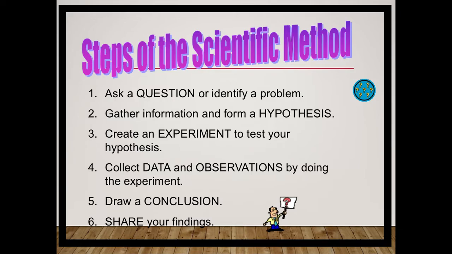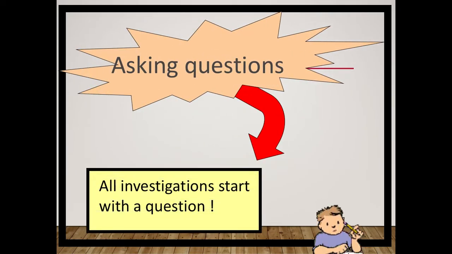Remember, a hypothesis is a prediction of what's going to happen. Then you create your experiment to test your prediction. You collect data and observe all of the things that are happening. You then draw a conclusion. This happened because, and then you share your findings and you can retest what you do.